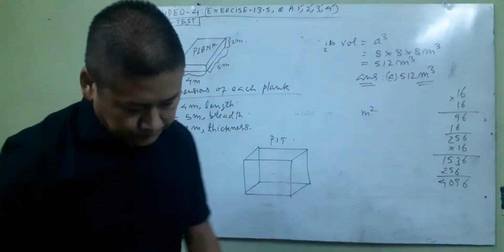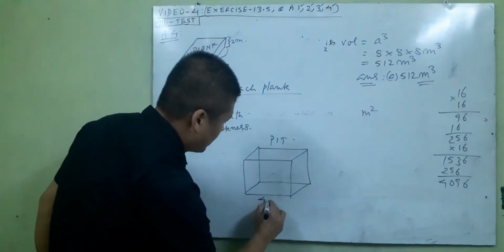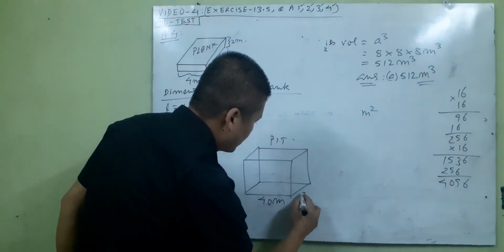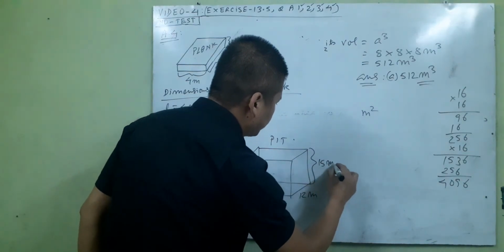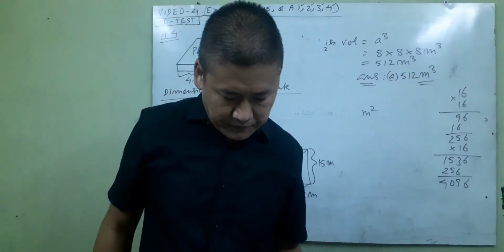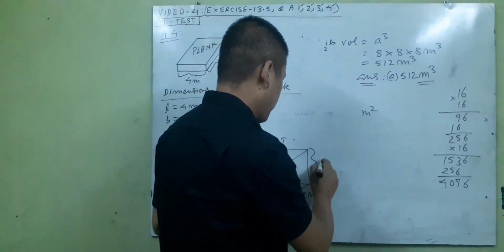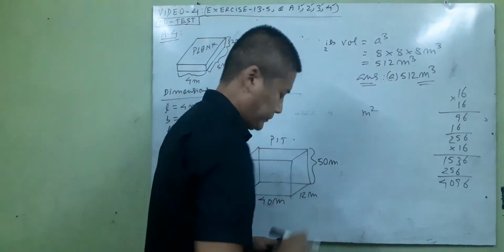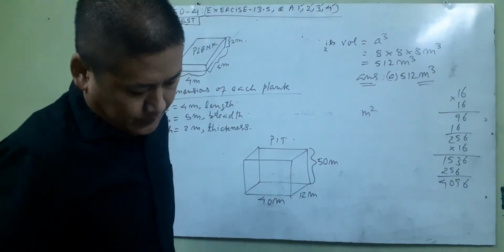So here 40 into 12 into 50, so this is 40 meter long, 12 meter wide, and 50 meters deep. That's what the question is saying.